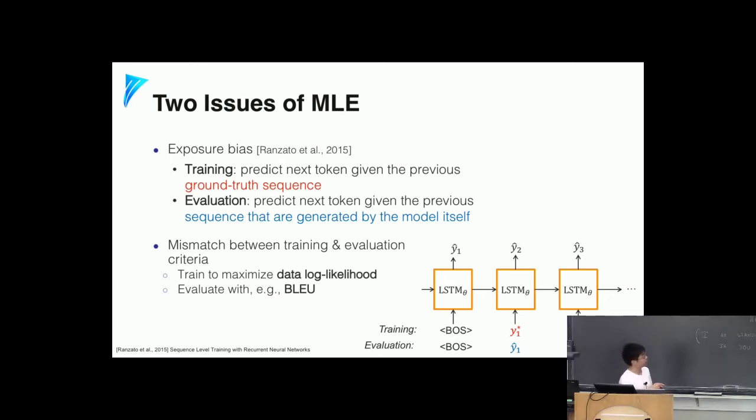These two metrics are different. So there is another discrepancy here in terms of this criteria. These two issues are the most common issues in using maximum likelihood learning for training a sequence generation model.